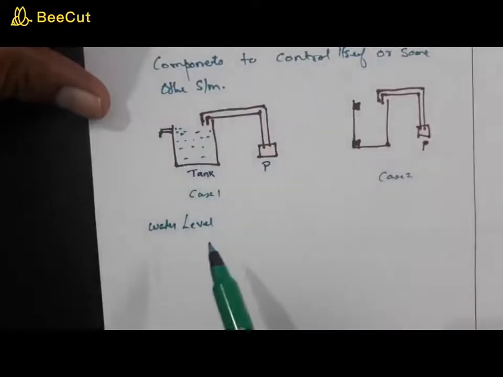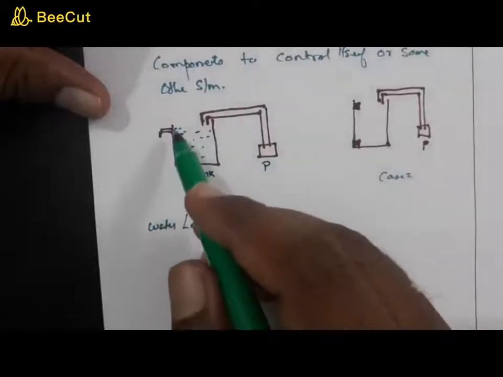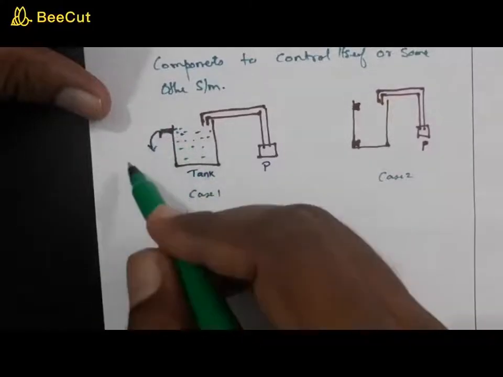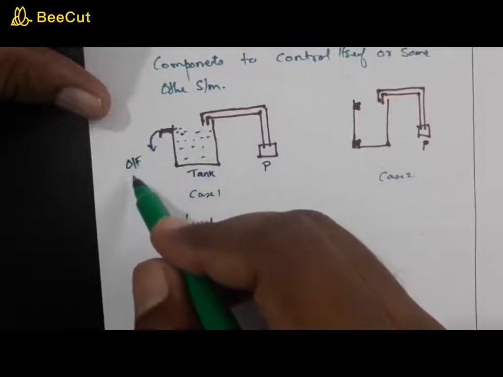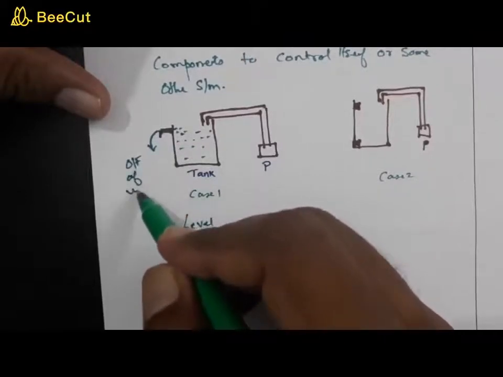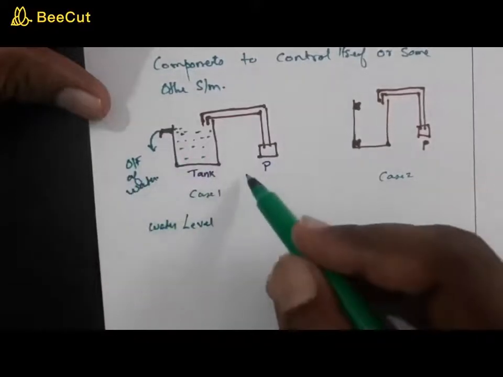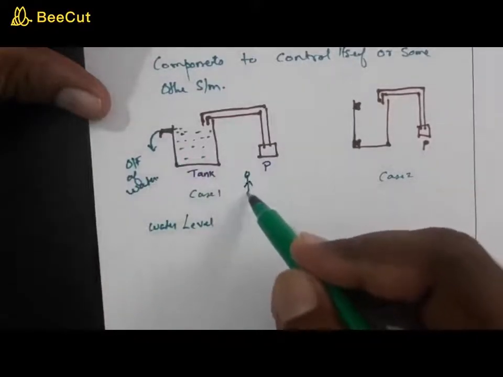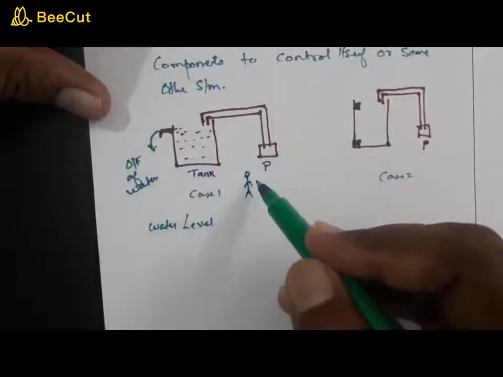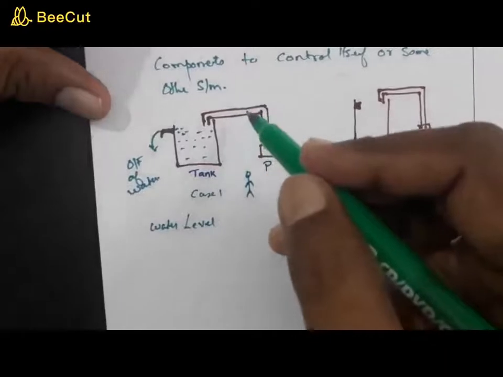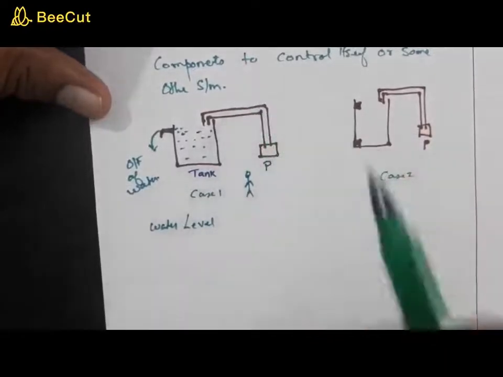The level is to be controlled, but once it reaches this nozzle, water will be flowing outside, resulting in overflow of water. So this overflow of water gives an indication for the manual control of this pump, thereby switching off this pump.